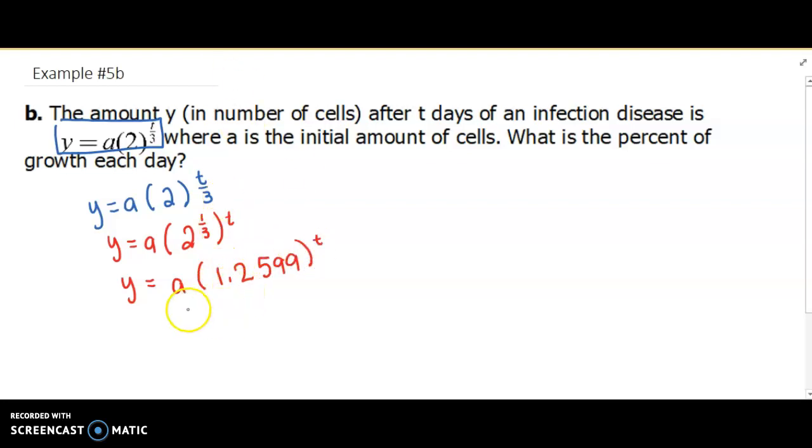This is obviously more than 1, so I can change that to 1 plus 0.2599 to the t. Remember, this right here is my rate.